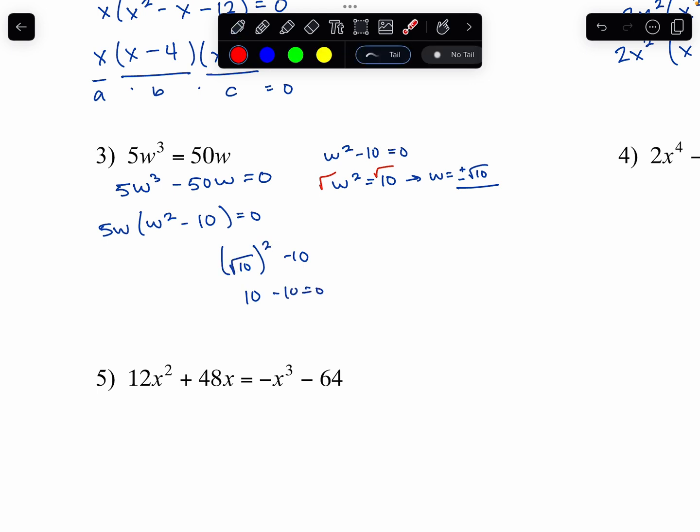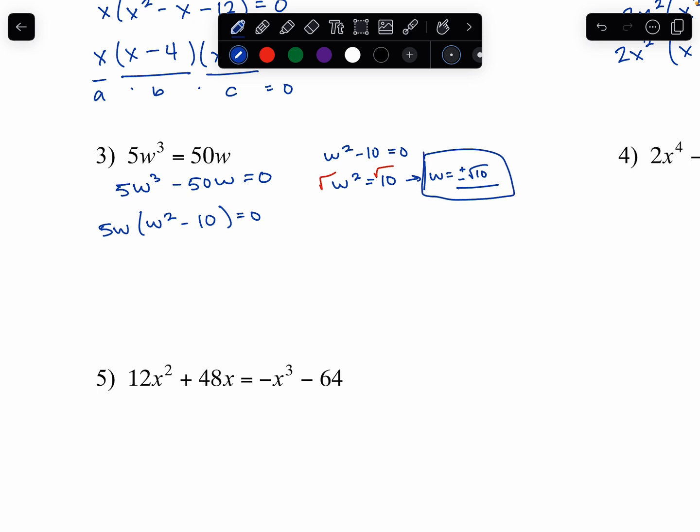But also, if I plug in negative square root of 10, squared, minus 10, this is still going to be positive 10, even though it's negative, because we're squaring it. So 10 minus 10 is still going to be equal to 0. So I can see that both positive and negative square root of 10 are going to work here.